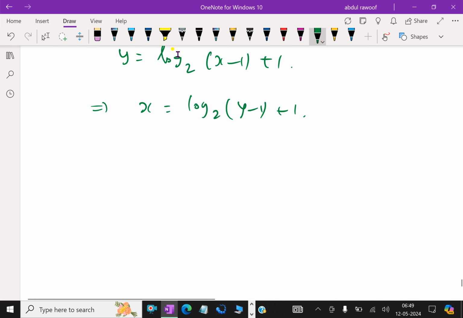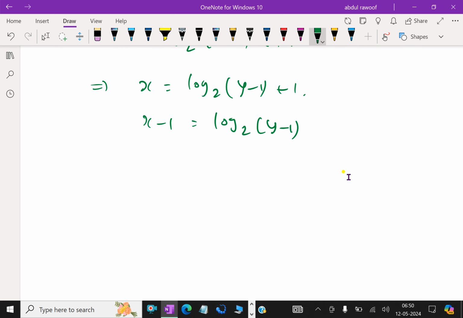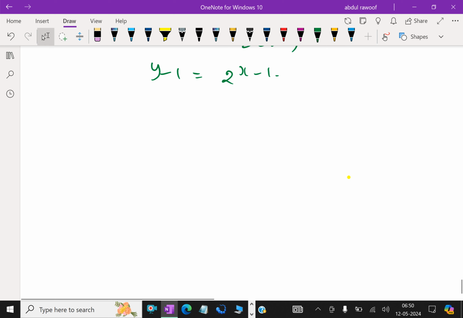From this we find x equal to log base 2 of y minus 1 plus 1. After that, x minus 1 equal to log base 2 of y minus 1. Therefore, y minus 1 can be written as 2 power x minus 1. Therefore, y equal 2 power x minus 1 plus 1.